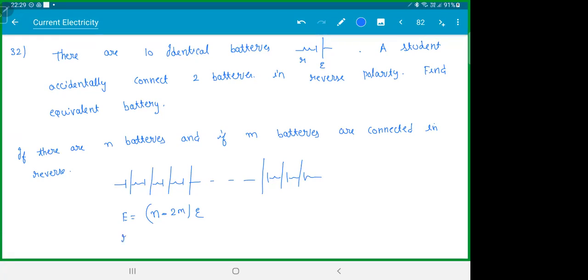And what about the resistance R equivalent? NR. Resistance will always add up. Easy? Please check. Resistance will be the same, but the EMF will become 60. Clear? Next thing.